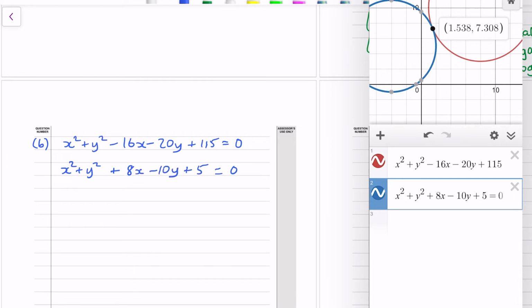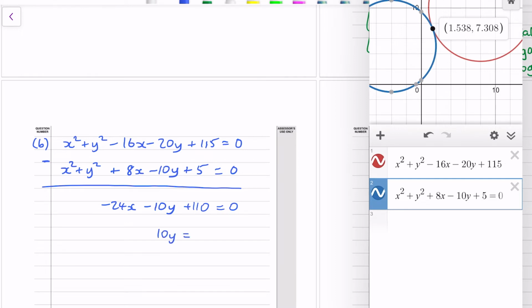So if I subtract these equations, x squareds cancel, y squareds cancel, we get negative 24x, we get negative 10y, be careful there, it's minus 20y, take away negative 10y, and 110 equals 0.